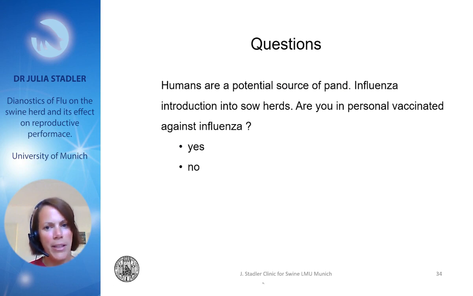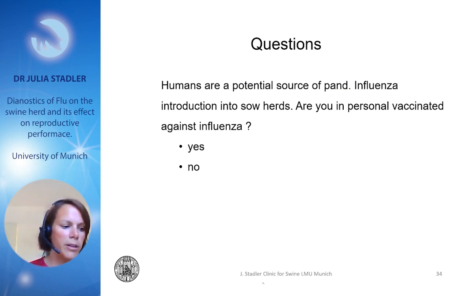My personal opinion is that we should get vaccinated against influenza. With the emergence of pandemic influenza in 2009, the interspecies barrier between humans and pigs has completely disappeared. With the classical strains, there was an interspecies barrier. It was not that high, but at least it was existing, more or less.